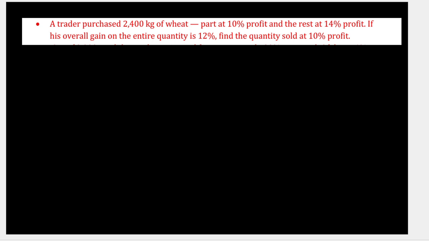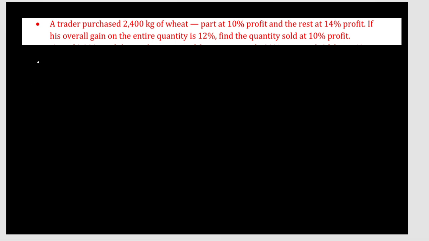Now we can assume that the part which is sold at 10% profit is the cheaper quantity, the one that is sold at 14% is called the expensive quantity, and the one that is sold at 12% is called the mean quantity.